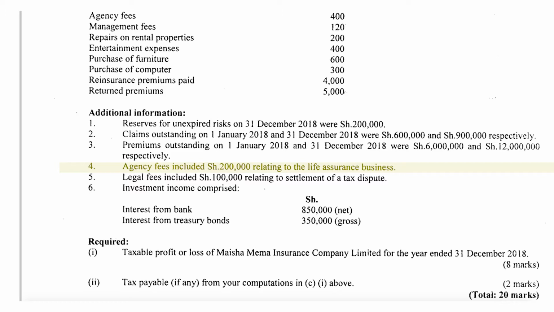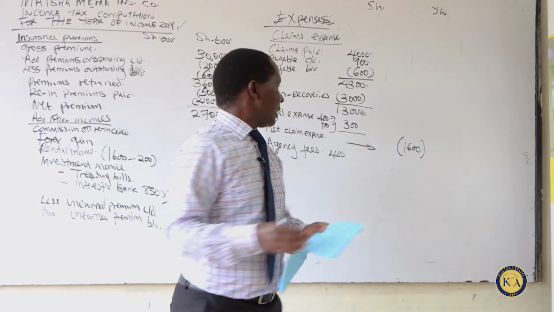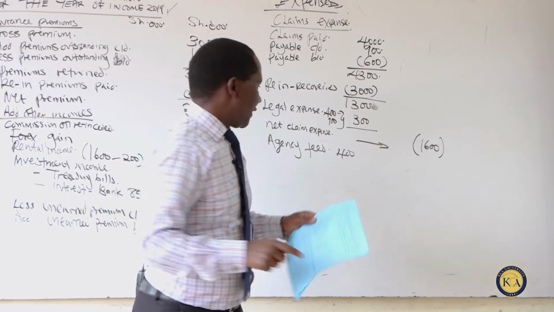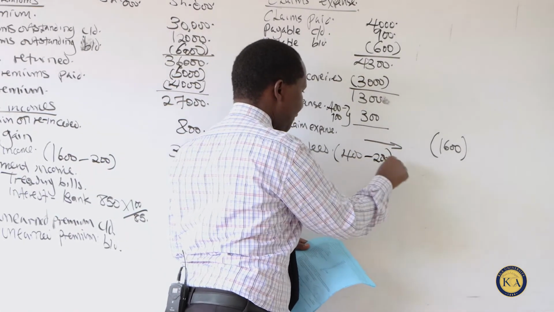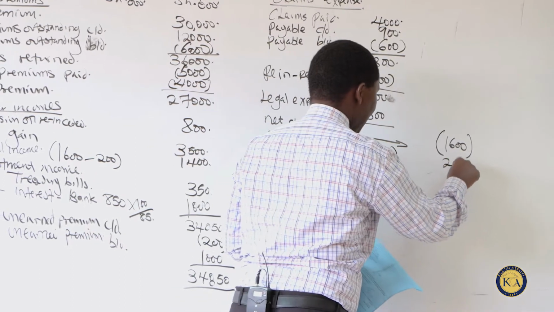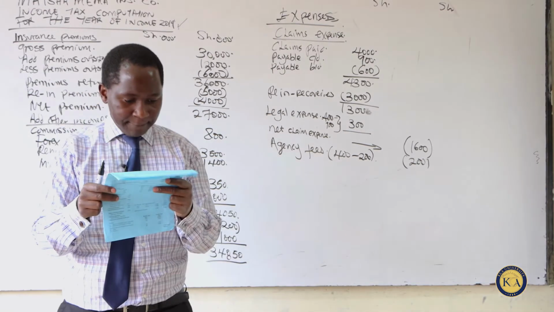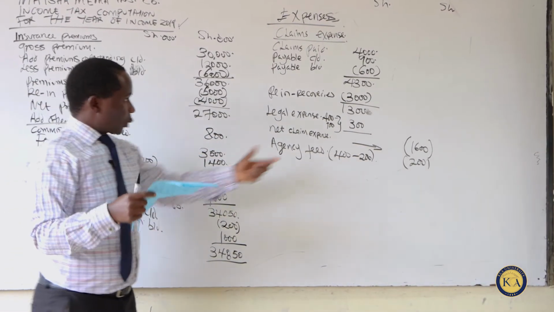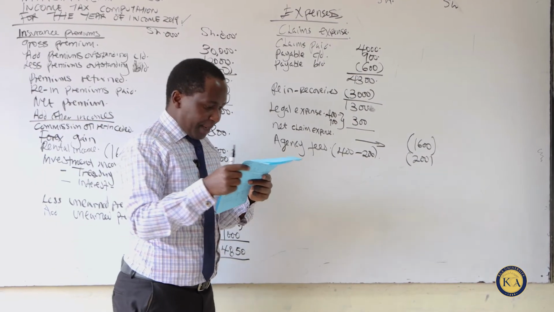Remember, for purposes of taxation, we have to separate between general insurance and life assurance. They are treated totally differently. So we less these 200 that relates to life insurance, and our expense becomes 200. All my expenses, I put them in brackets because I'm using the outer column, which has incomes. This one was for working. Now, I have management expenses.